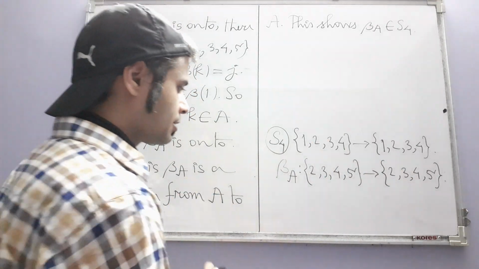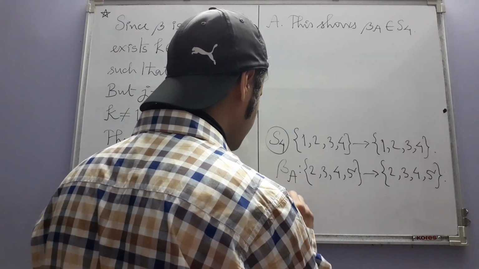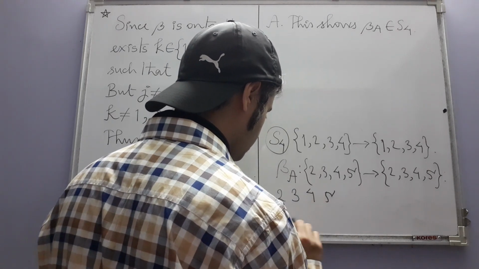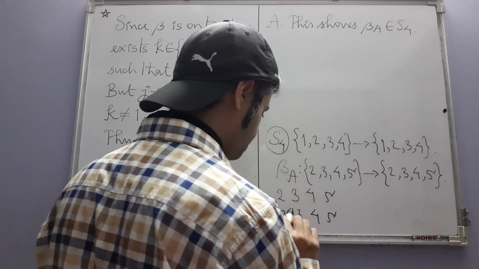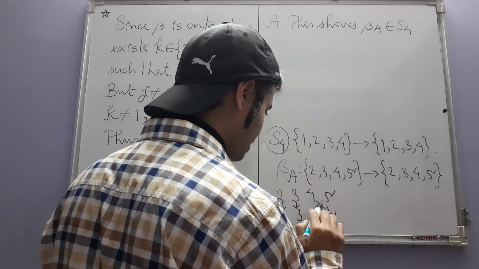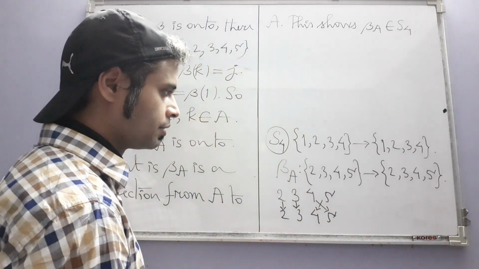But let me just take one example. Say this is our beta A. It maps 2 to 2, 3 to 3, 4 to 5 and 5 to 4.